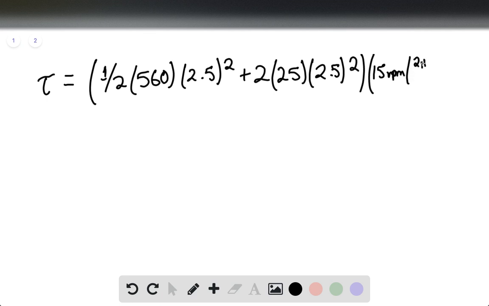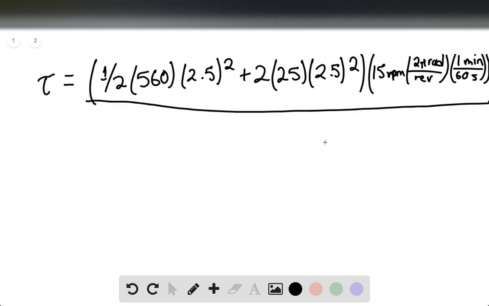We're going to have to multiply this by 2 pi radians for every 1 revolution, and then 1 minute for every 60 seconds. And we are going to divide this entire thing by 10 seconds. And we find that the torque is going to be equal to 324 Newton meters.